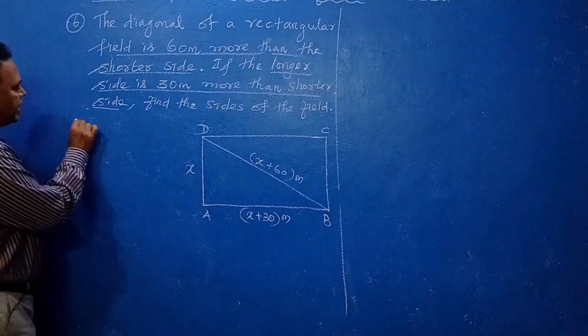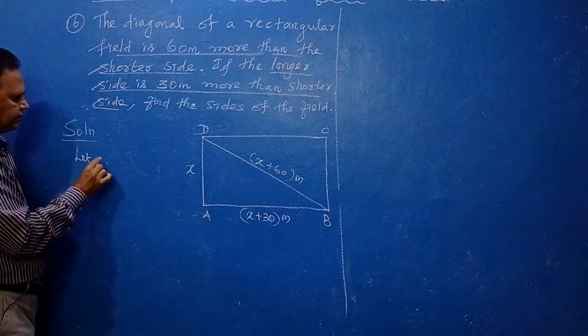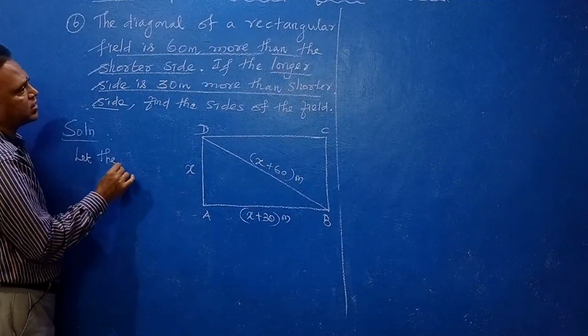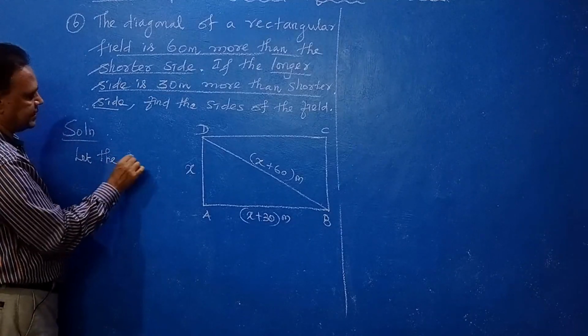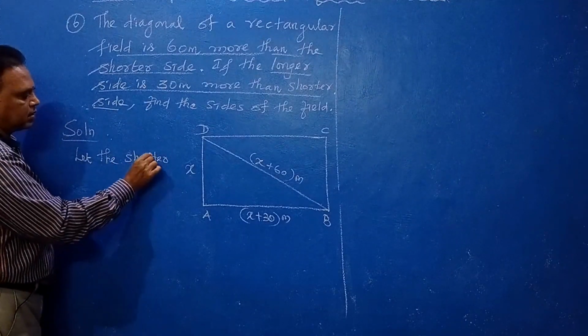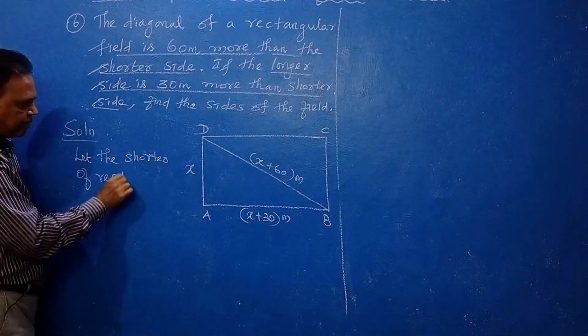You see, let the breadth of the rectangle, or you write shorter side. Here in the problem it is given as shorter side, so better you write shorter side. Shorter side of the rectangle B, x meter.